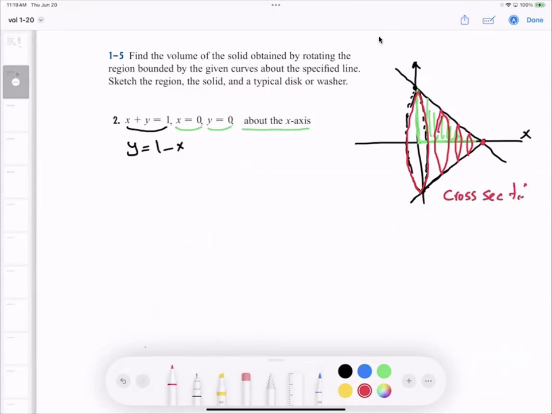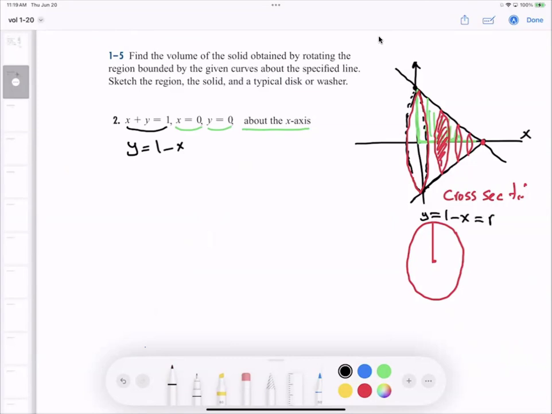So this cross section is a circular object, or in this case, a disk. When you're finding the radius of this disk, it is located on the curve, but the curve here is just a line. So it is located on y equals 1 minus x.